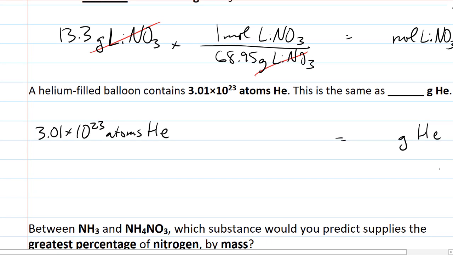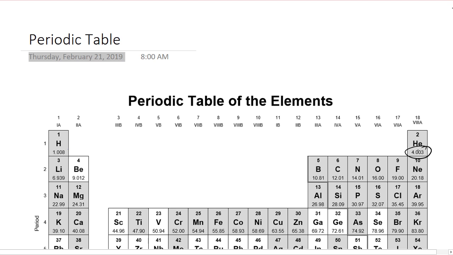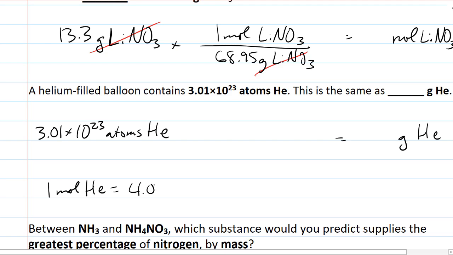So now if we write down our conversions, we kind of showed how we made this list the other day. For every 1 mole of helium, how many grams do we have? Right here, yep, 4.003 grams of helium.